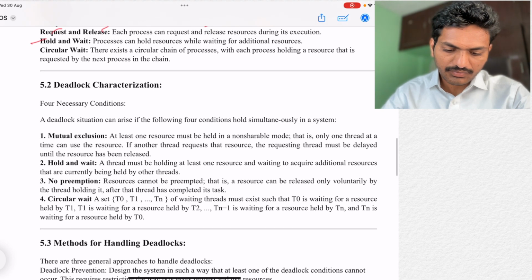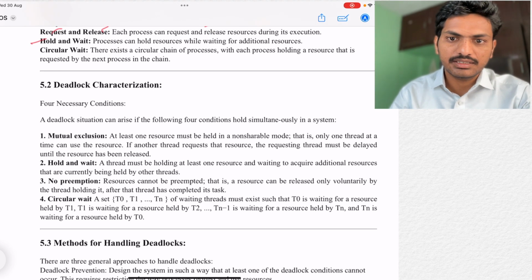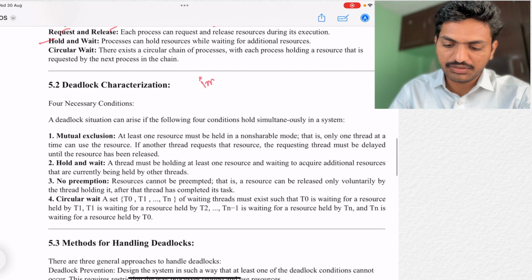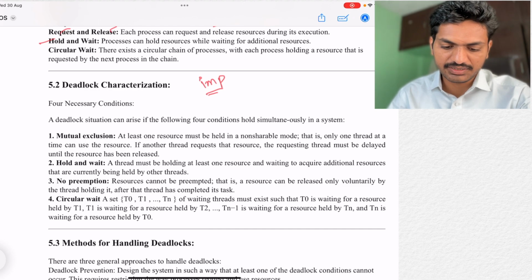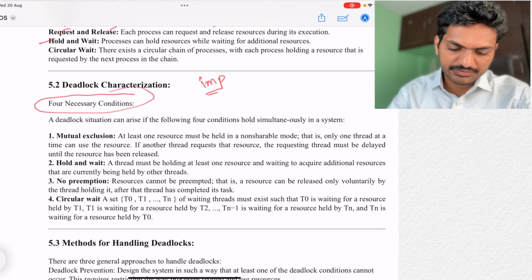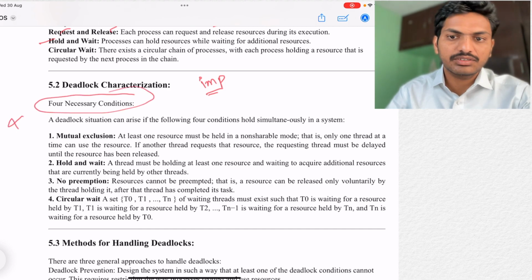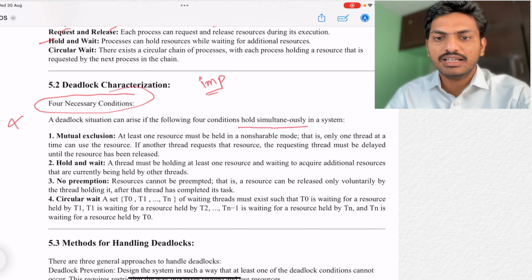Next, characterization. This is very important. You have to remember this question by heart from the exam point of view, right? There are four conditions for deadlock to happen. All these four conditions should hold simultaneously, at the same time.